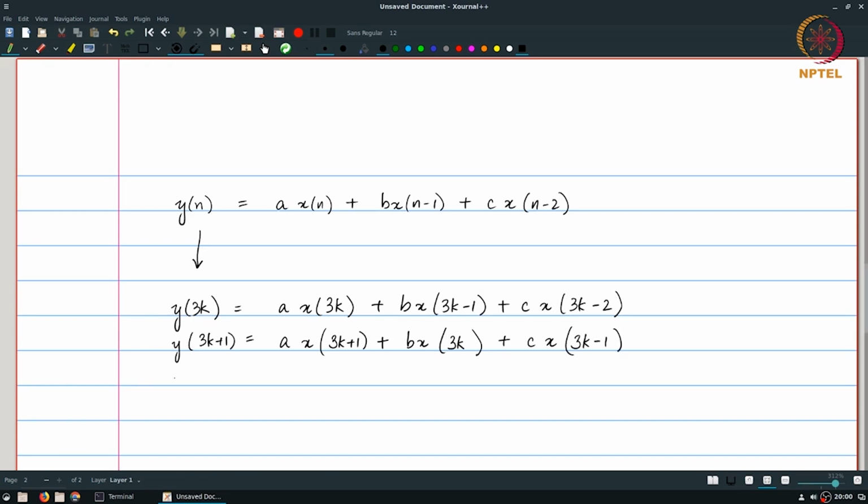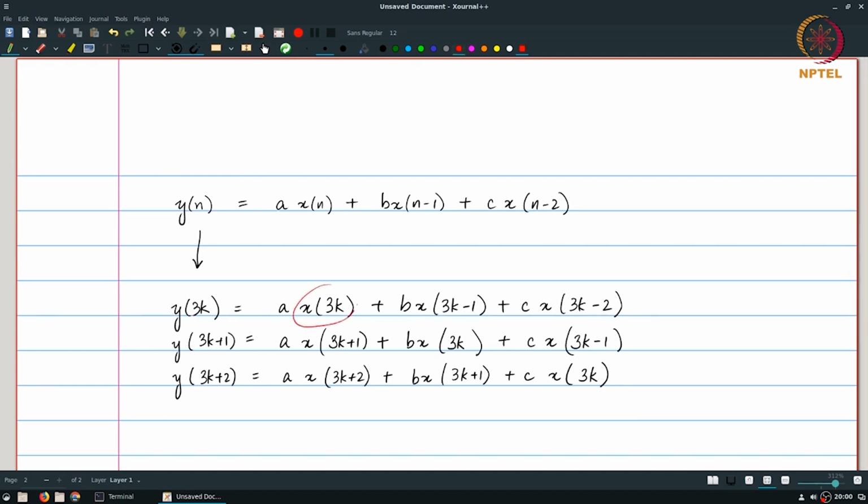And similarly, y of 3k plus 2 will be equal to a x of 3k plus 2, b x of 3k plus 1 plus c x of, in this case, 3k. In other words, I'm just using the substitution. Instead of n, I replace it with the value 3k or 3k plus 1 or 3k plus 2. Now, the interesting thing about these three equations is you'll notice that there are some terms that are common over here.